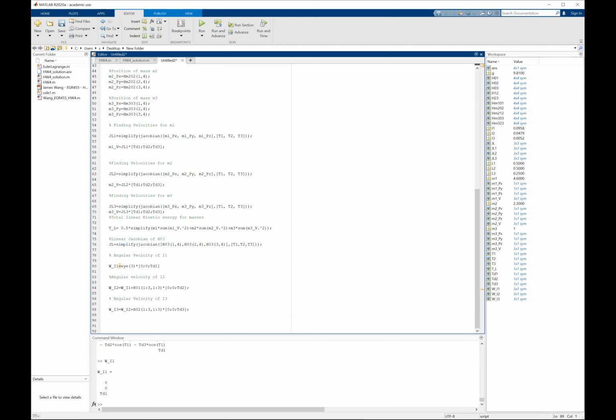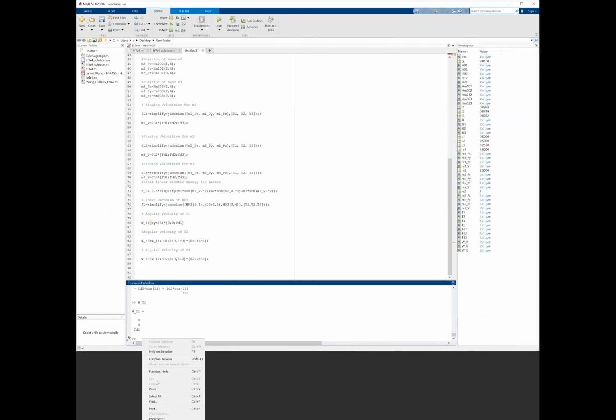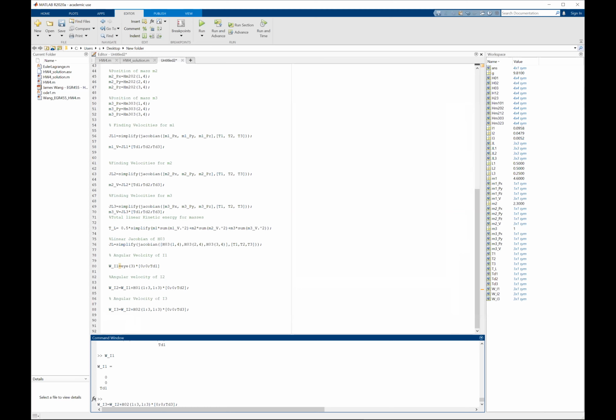Now, the last but not least is to find the angular velocity Jacobian. I'm going to give you a small trick. If you look at, yeah, it has to be R02, not R12.